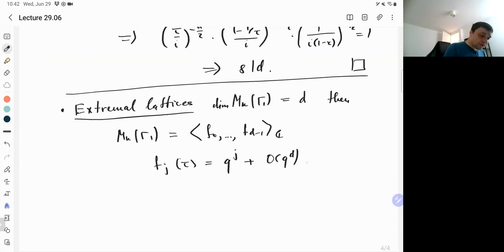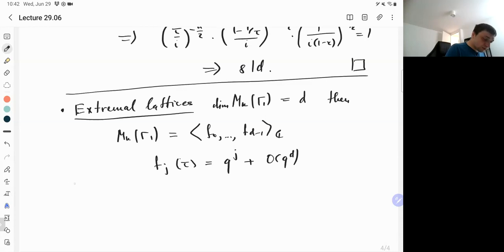And this actually doesn't follow from the fact that the space has dimension d, but it follows from the formula for the multiplicities of zeros. This is again a small exercise, but we probably won't discuss it tomorrow. It's very simple.